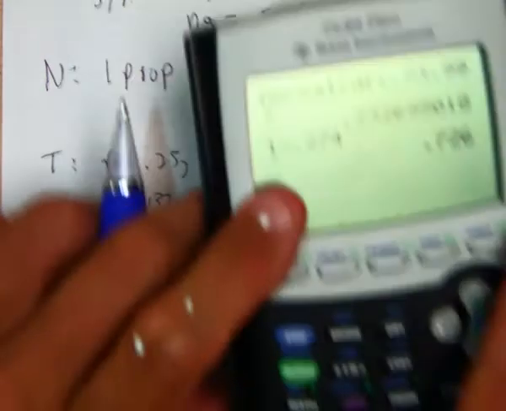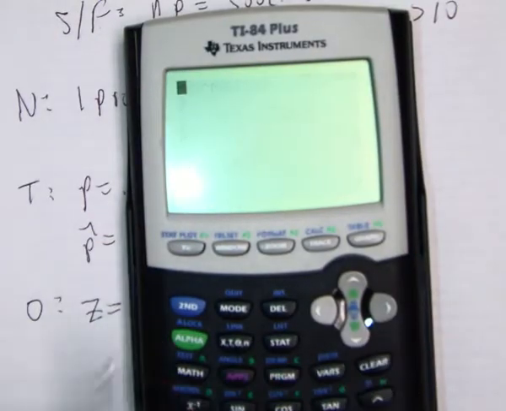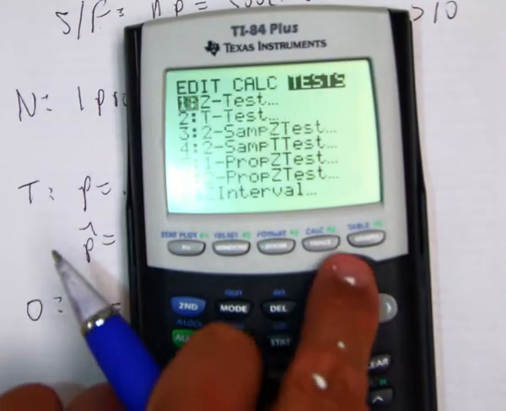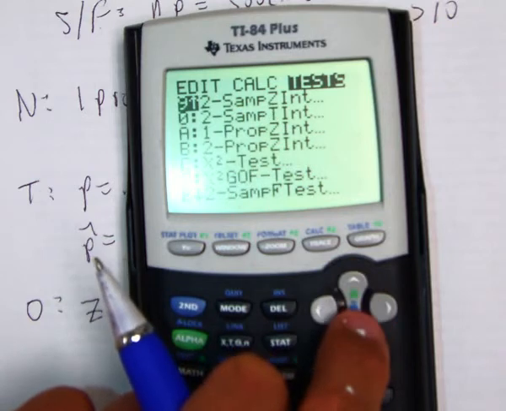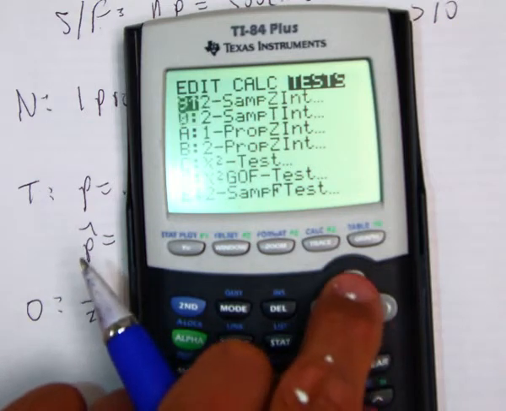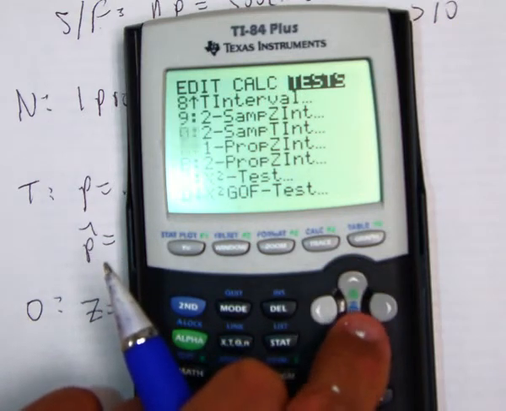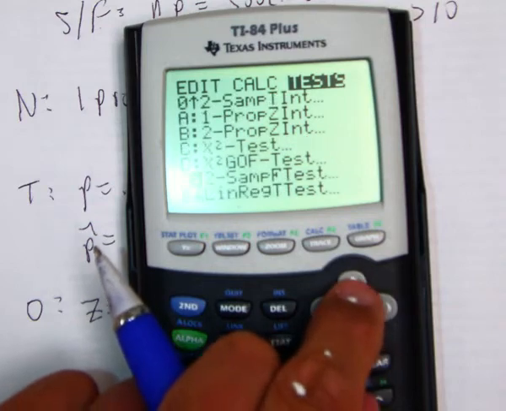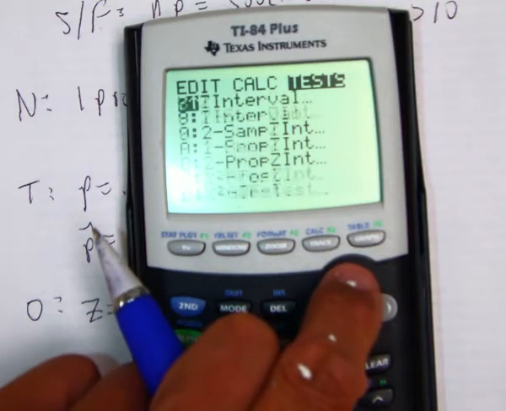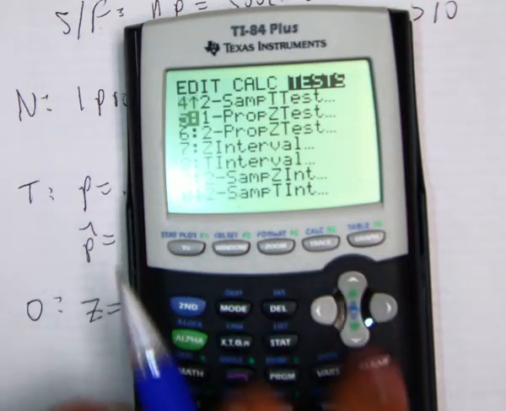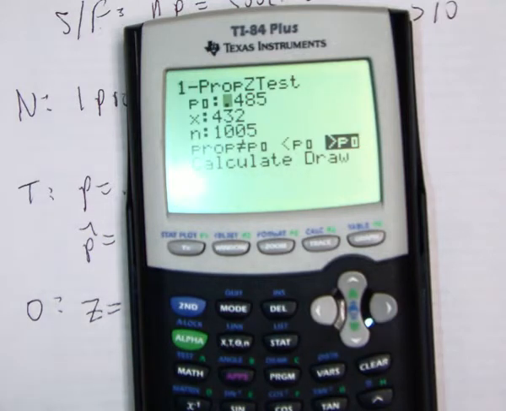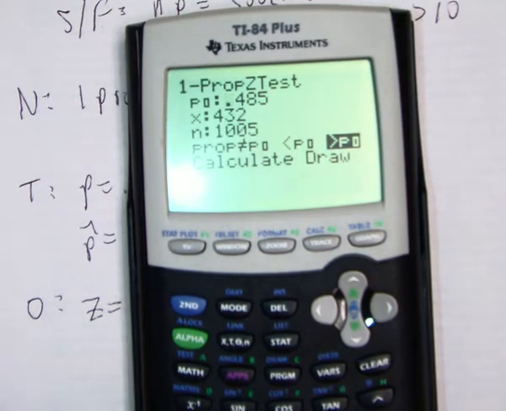Go to the calculator. Stat, test, one-prop Z test. There it is. So P sub 0 is 0.25.